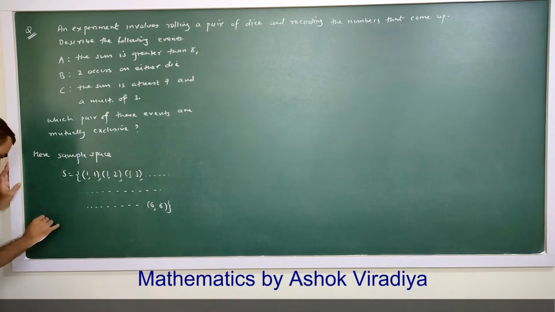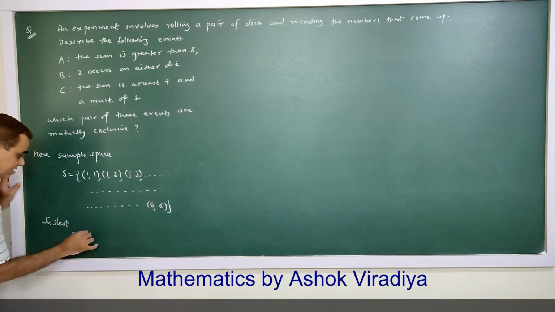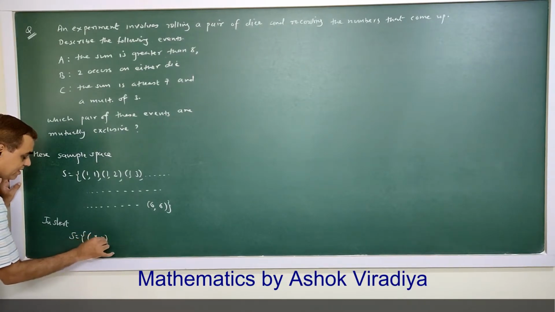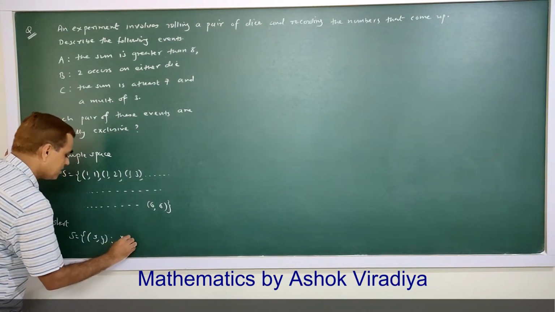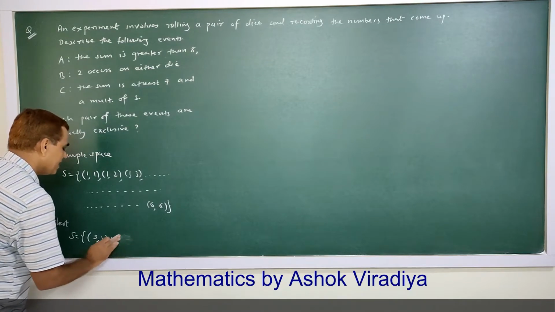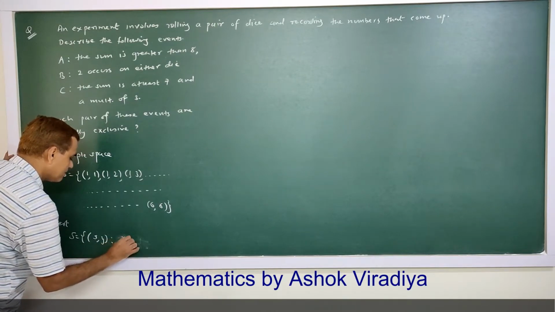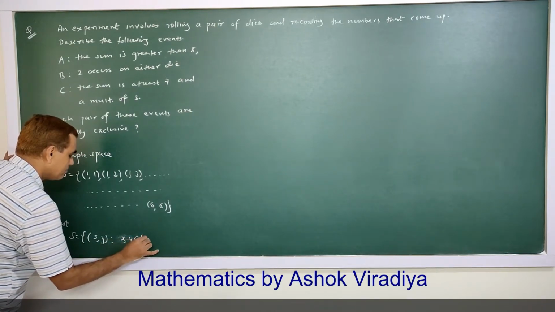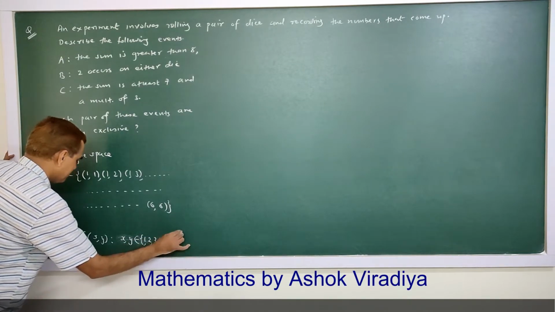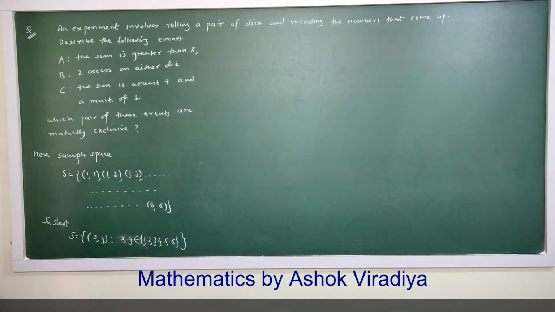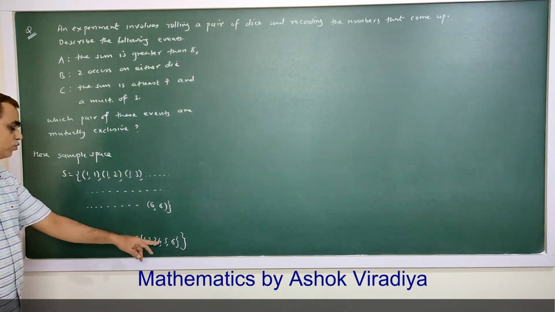In short, this can be written as (x, y), where x and y are natural numbers from 1 to 6.